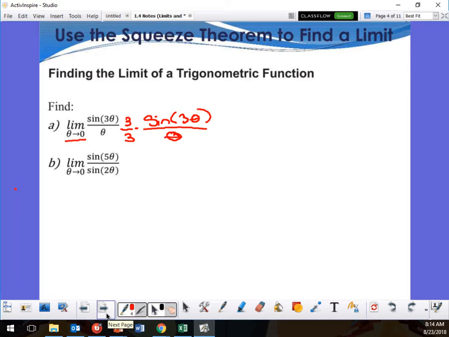So my identity is going to be the limit as x approaches 0 of sine x over x equals... Now, I want you guys to take a look at it. Put it in your graph real quick, because it's going to be an identity. If it's an identity, that means it's always going to be something. So put that in your graph.